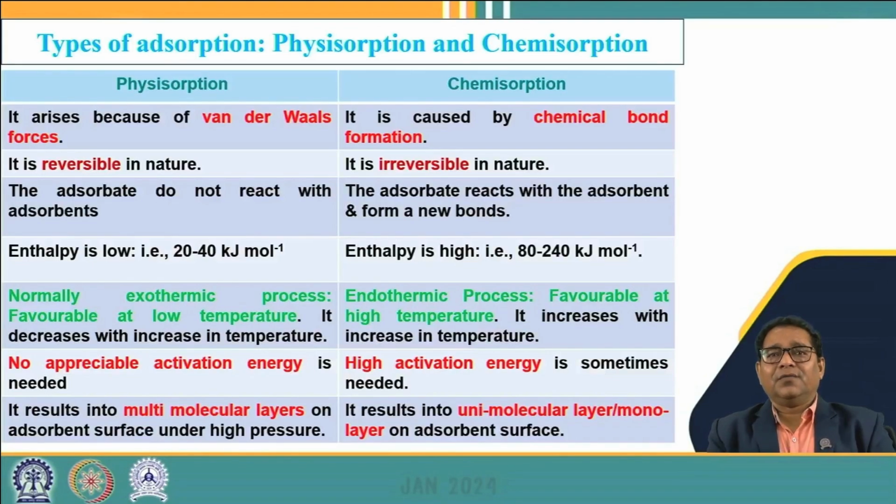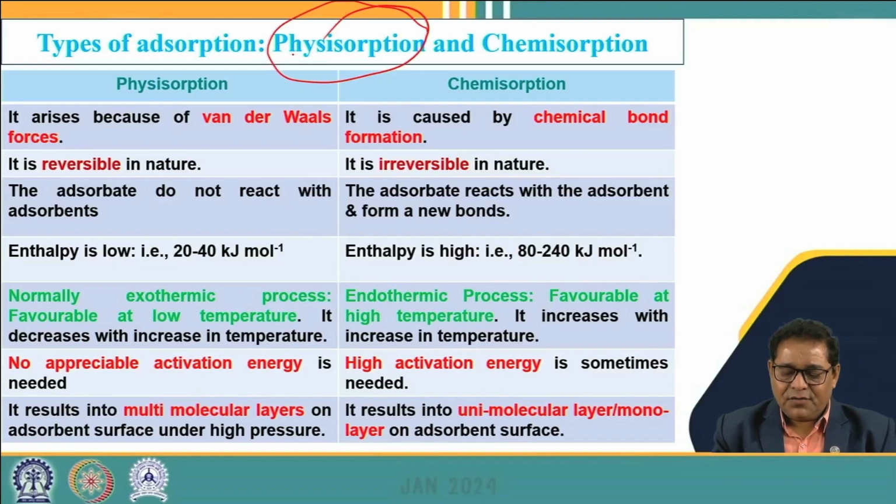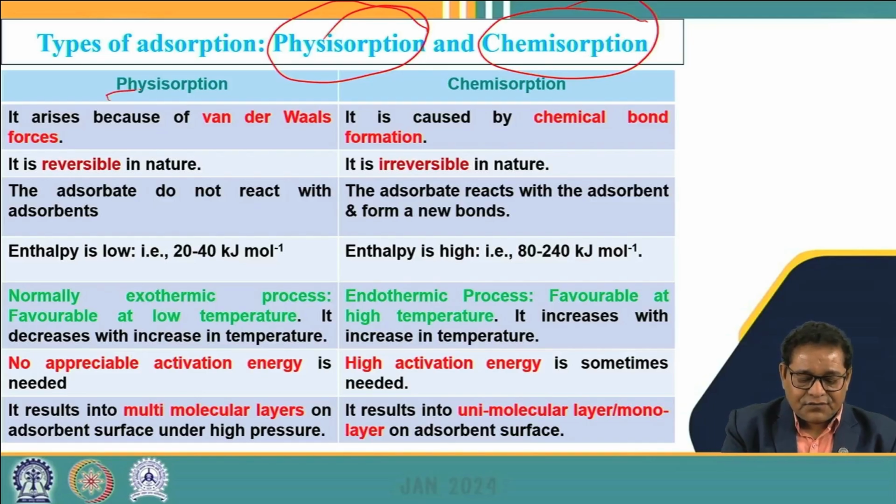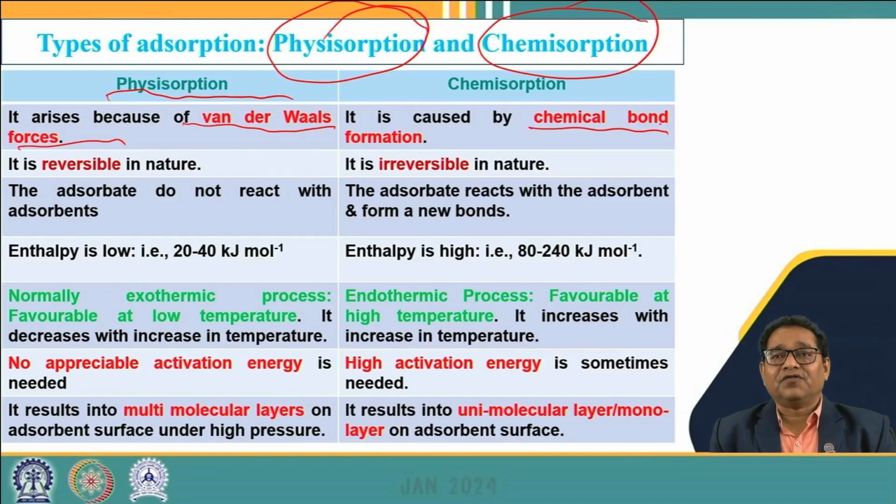Then let us talk about the different types of adsorption and the different phenomena. Broadly, we can divide the adsorption process into two: physisorption and chemisorption. Physisorption arises because of van der Waals forces, whereas chemisorption is because of the formation of a new chemical compound by breaking bonds on the surface of the adsorbent.